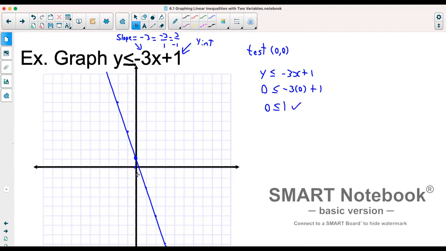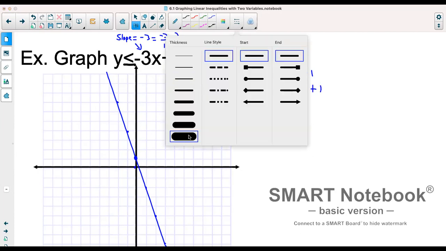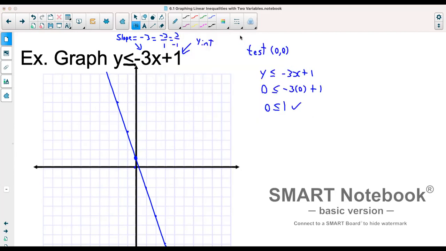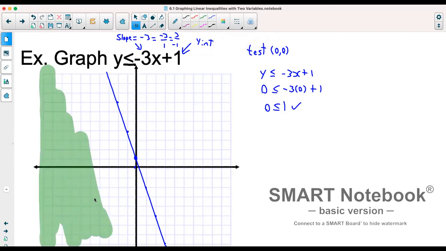So our test point worked out, and everything on the same side as our test point will get shaded in. So every point in the shaded region, when substituted into our inequality, will make it so that what's on the left side of our inequality is less than what's on the right side.